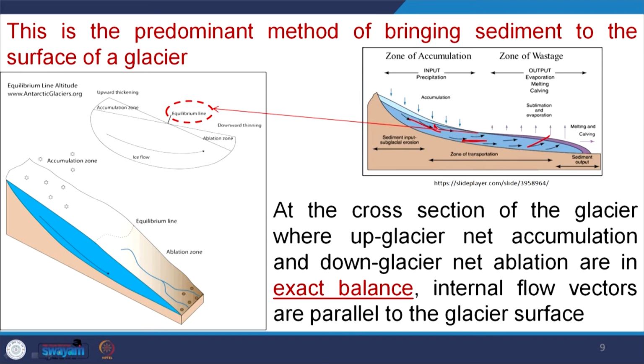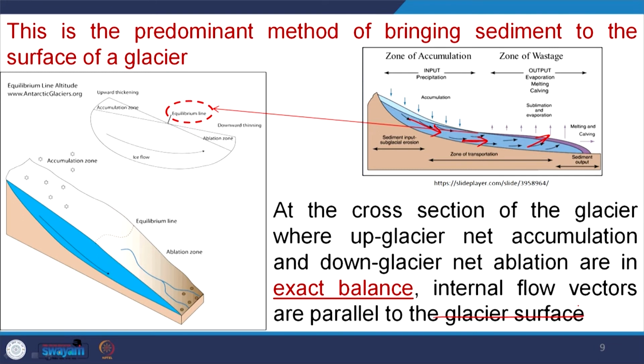So, these are the three vector ways we can represent the glacier movement. In the zone of accumulation, the vector is pointing downward, in the zone of ablation, the vector is pointing upward, and at equilibrium the vector is parallel to this interface or parallel to the glacier surface.